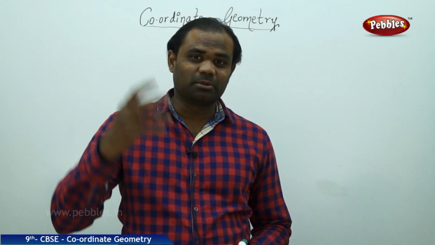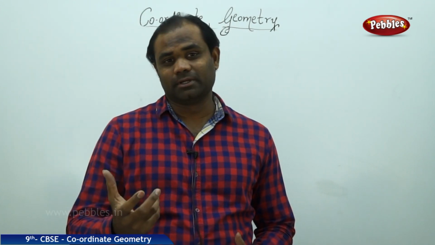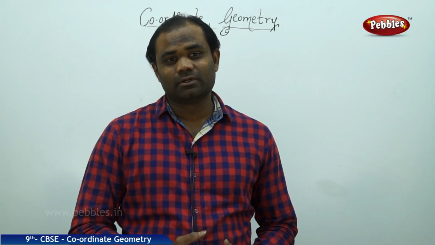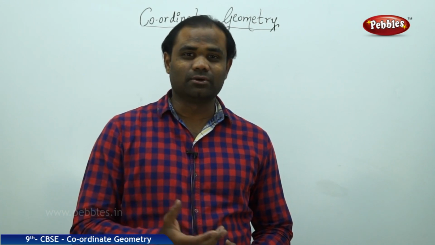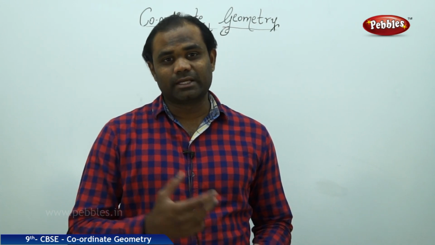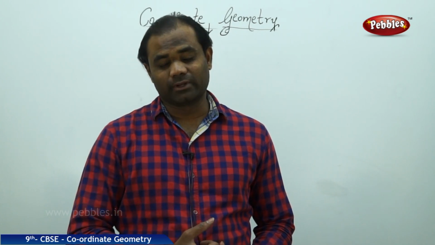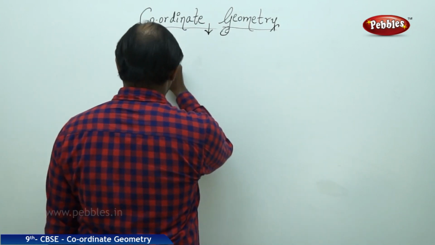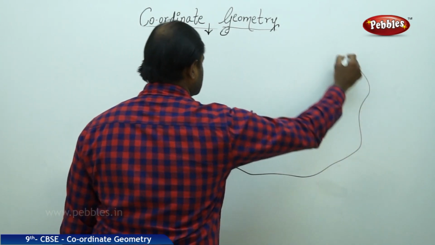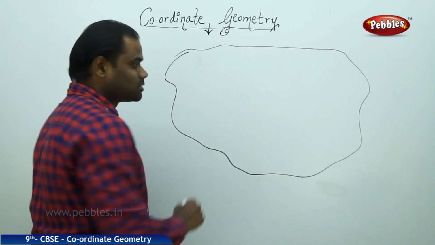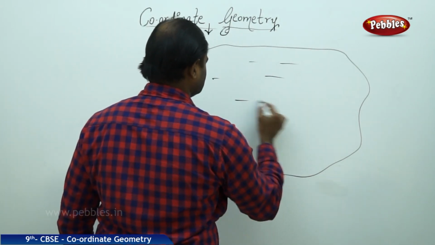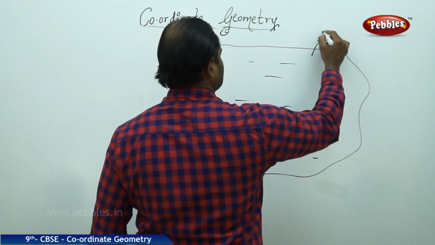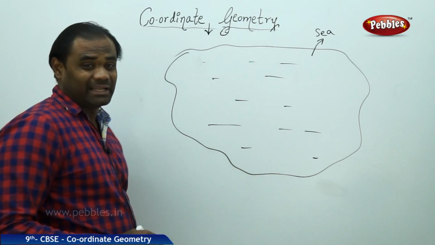So let's take the opening problem which we discussed, about a ship in the sea reaching the bank, reaching its destination. When the ship would like to reach the seashore, let's see how it can estimate this through the use of coordinates. For example, I take the sea. Now here is the sea in which there are small islands.